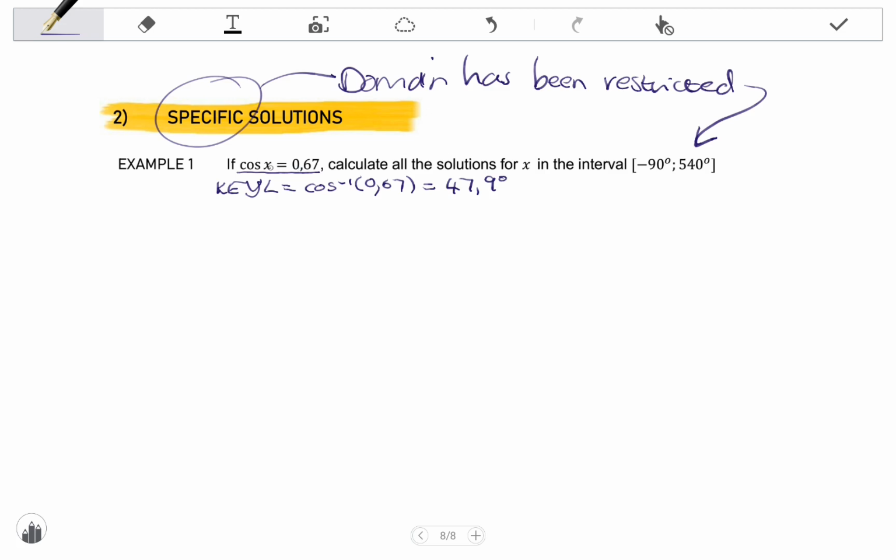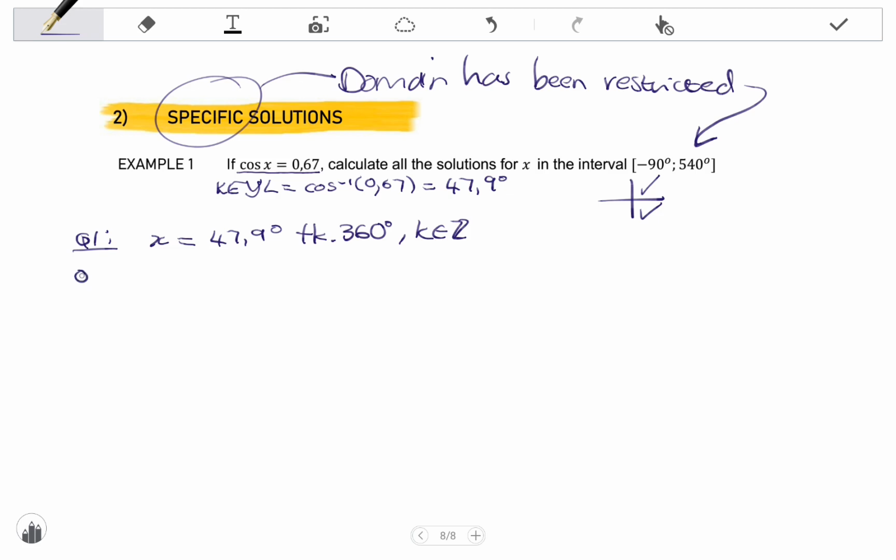Now cos x is equal to positive 0,67, so we are going to be working in the quadrants where cos is positive, which is the first and the fourth quadrants. In the first quadrant, I have the angle x equals the key angle plus k times the period of the cos graph, where k is an element of integers.